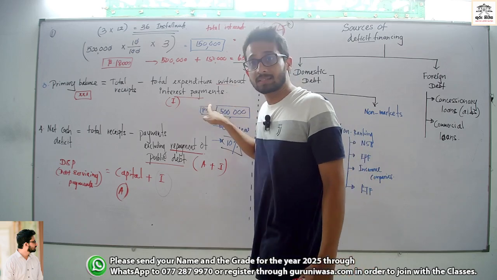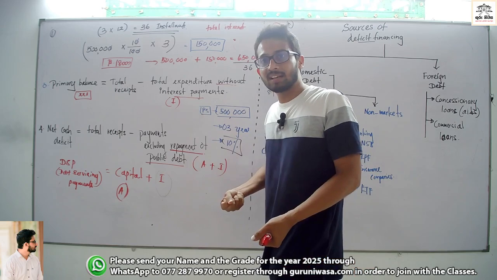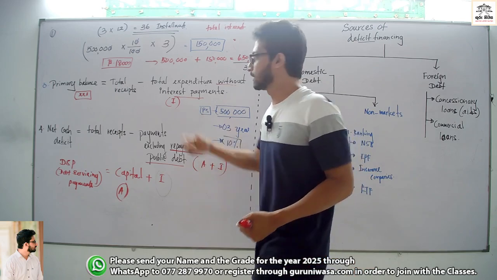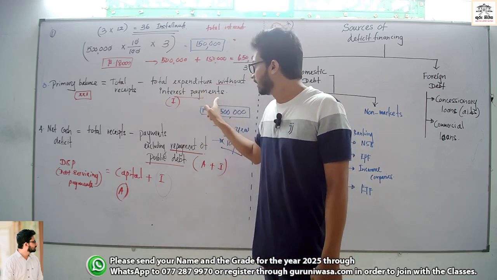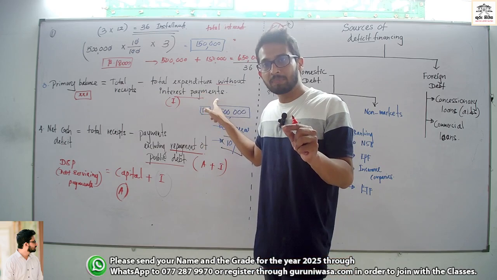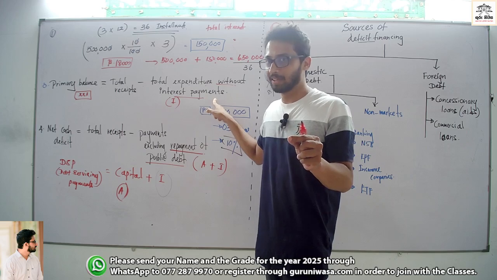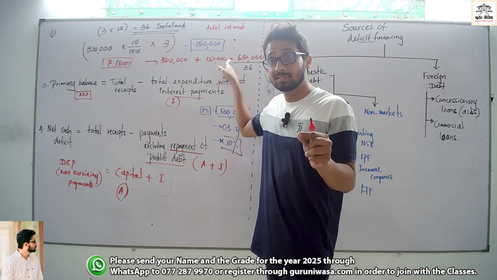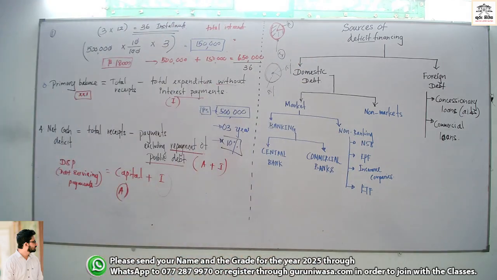Excluding interest, I deduct all other expenses from total receipts. Are you okay with this? So here, interest payment is not deducted. Are you okay with this? Overall balance, is it deducted or not? It is deducted, yes.